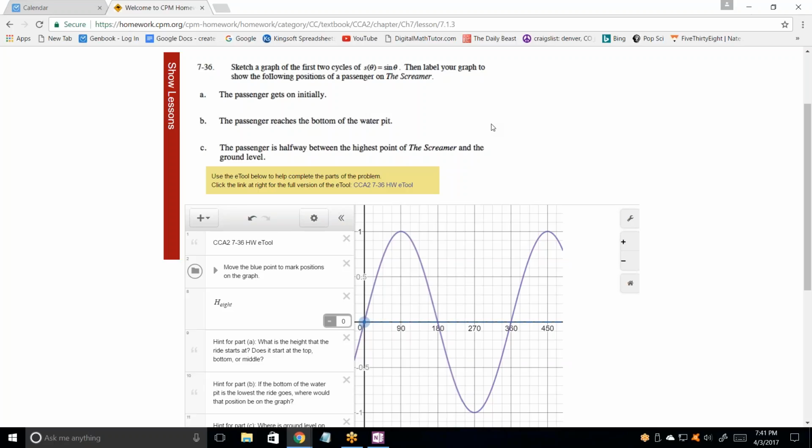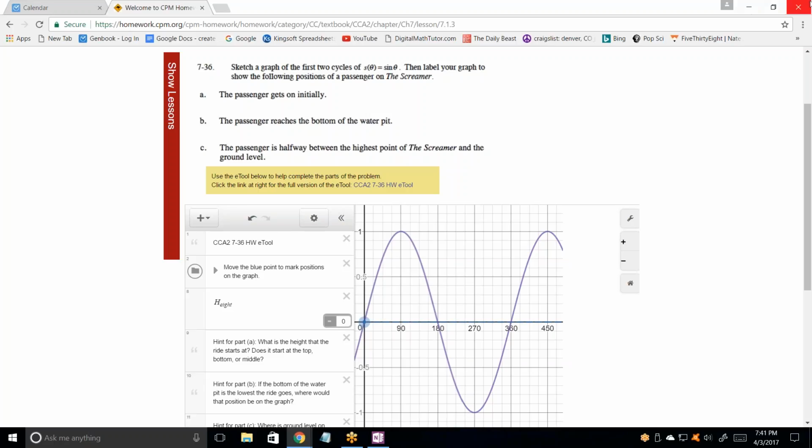The things that just go round and round? I have no idea. You know what I'm talking about? Yeah. Okay. All of those can be described by these sine functions.